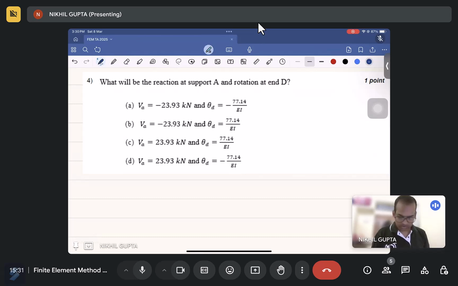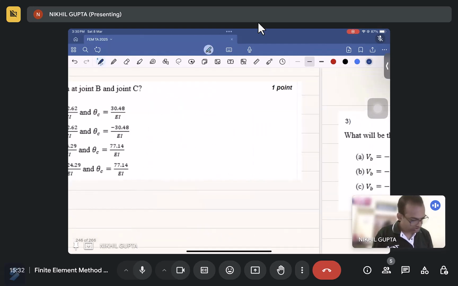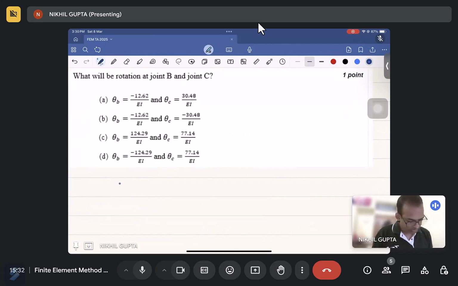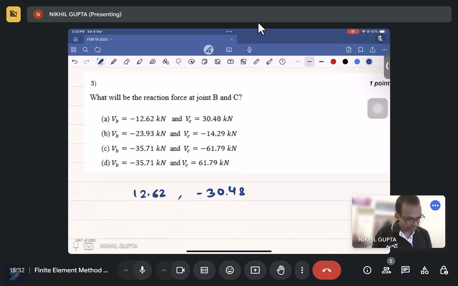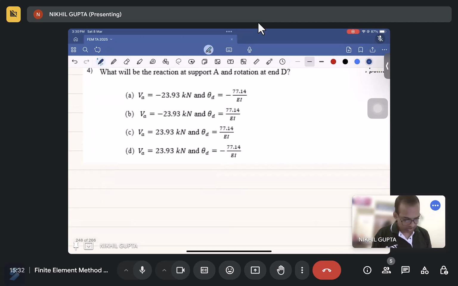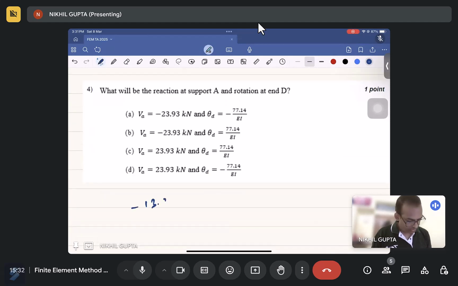It was coming 55 and 44. Okay, then this came to be minus 13.92. Maybe some problem in my code as well.